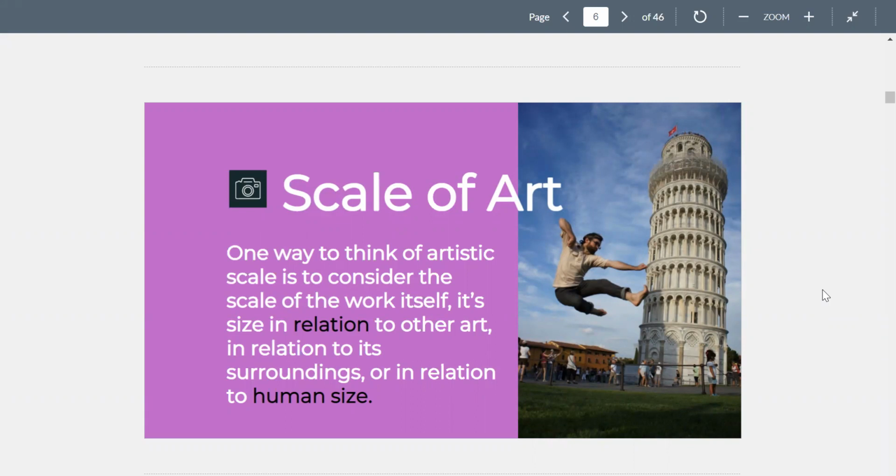It's scale. Scale, right? But let's imagine we don't have these people here, but we have this building and the person. So then what are you going to say about the scale or the proportion of the whole image? Just imagine that people are not there.